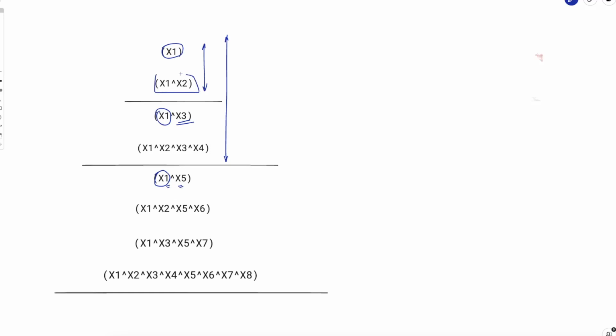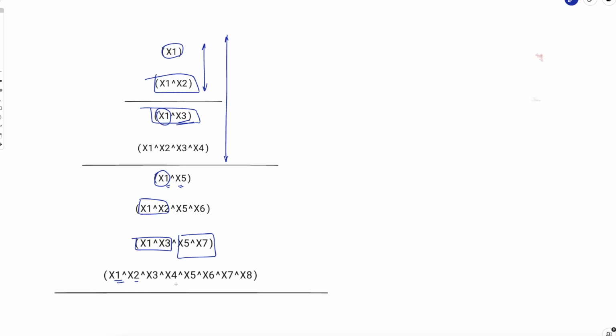Similarly, with x1 x2 we have x5 x6, which is 1 plus 4 and 2 plus 4. For x1 x3 you simply do plus 4 to get x5 x7. And finally, for x1 x2 x3 x4, you simply do plus 4 to get x5 x6 x7 x8. So that's basically the pattern.